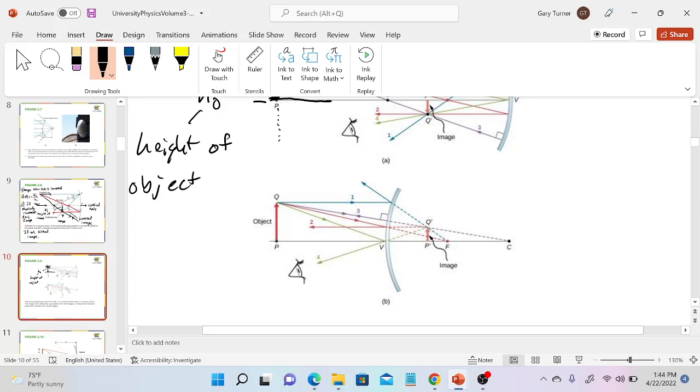So your rays are not going to physically converge. But what happens is, if you extend the reflected rays back into the concave region, you can show how the rays would actually appear to converge, and your image will be upright, right? So this is how you get an upright image, but because the rays physically did not converge, this is going to be a virtual image.